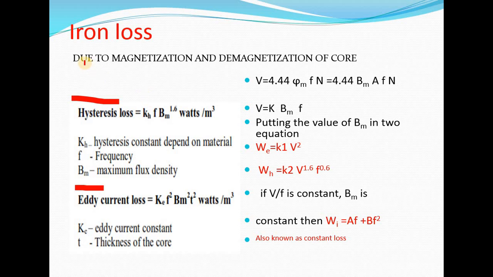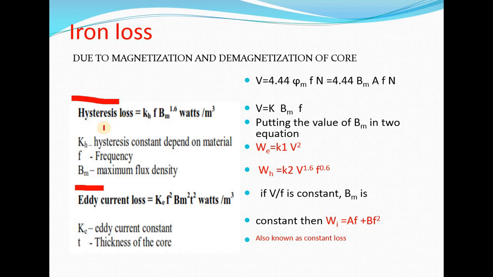Hysteresis loss means this loss is due to the magnetization and demagnetization of the core. If the core is magnetized and demagnetized 50 times, or as many times as the frequency, then the energy lost in this process is known as the hysteresis loss.